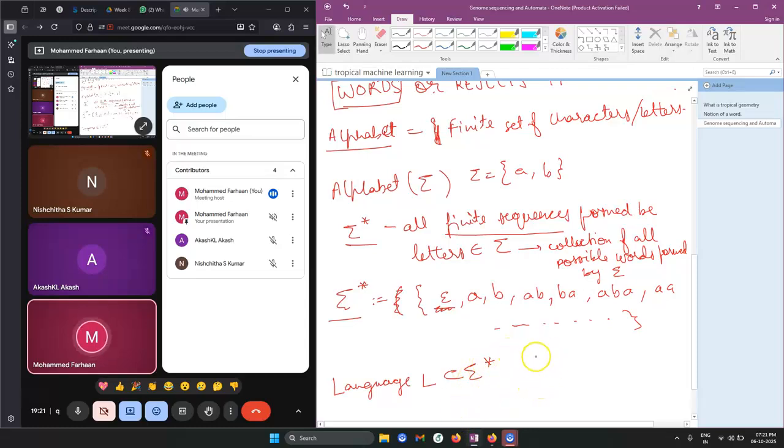English words are just constructed from a sigma, which is just A, B, C, all the way down to Z. And so sigma star contains words like and, hello, but it also contains complete gibberish like ZXY. And so your English language is a subset of sigma star. Does this example at least give the intuition to everyone now?